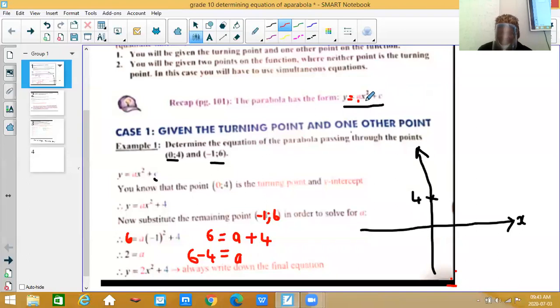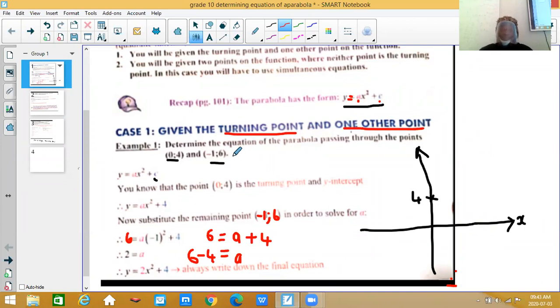And then the c, we said it is the y-intercept. Are you following now? Now, we want to find the equation of a parabola where you are given a turning point and one other point.